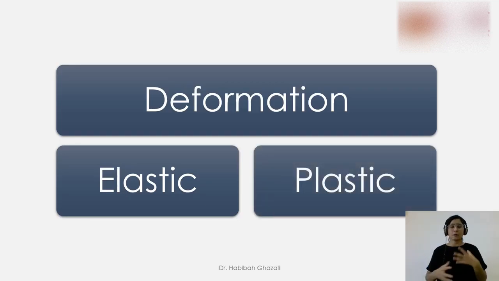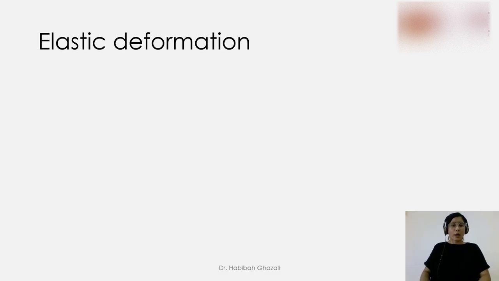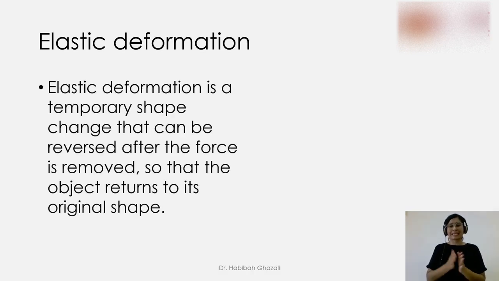Here I would like to talk about what actually happens to the atomic arrangement during elastic deformation and during plastic deformation. So what is elastic deformation? Elastic deformation is a temporary shape change that can be reversed after the force is removed. When we remove the applied force, it changes back to its original shape.